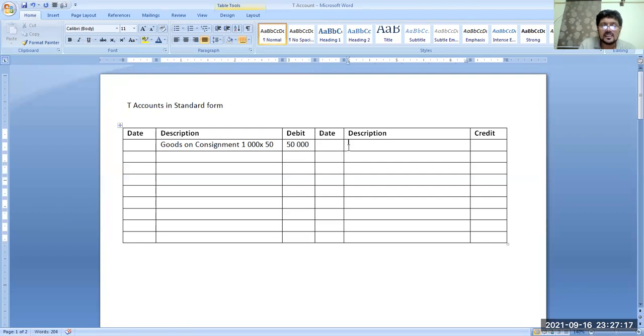He sold 750 machines at $80. So revenue would be 750 machines multiplied by $80. So 750 by 80 means $60,000 is your revenue. Done? Okay.